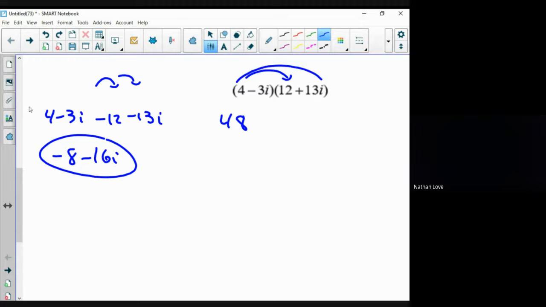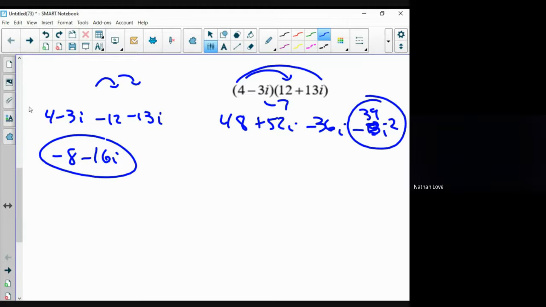Here I'm going to get plus 52i. Here I'm going to get minus 36i. And I finally end up with a minus 13i squared. I'm sorry, 39i squared, which we know turns into a plus 39 that I'm going to add to this, which is 87. And then subtract that out, 16.